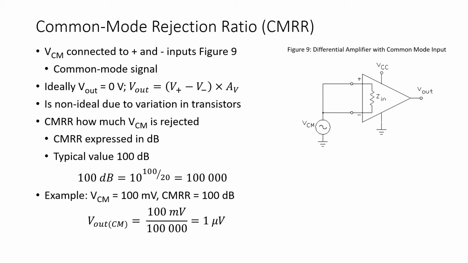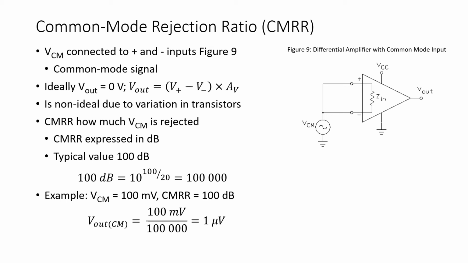Now, one of the features for the differential amplifier is its ability to reject what is called a common mode input signal. Referring to the circuit of Figure 9, note we have an AC signal labeled VCM, and this is the common mode input signal. This common mode input signal is applied to both the non-inverting and the inverting input terminals.